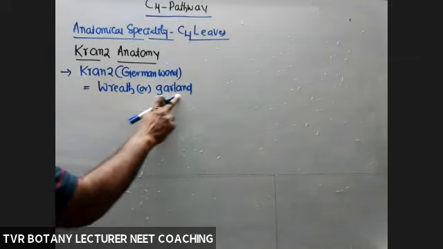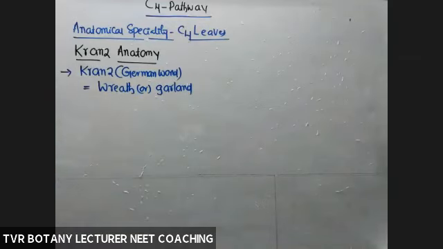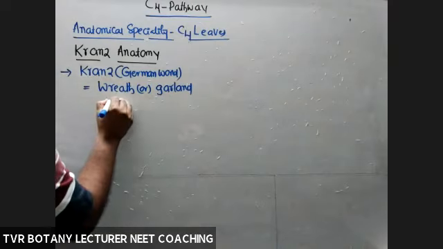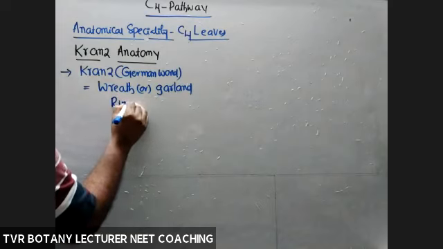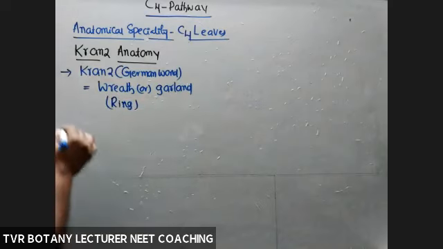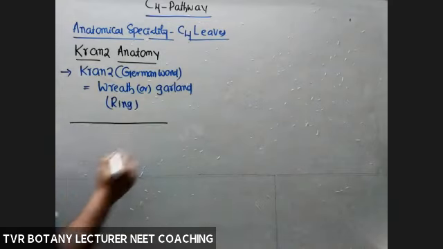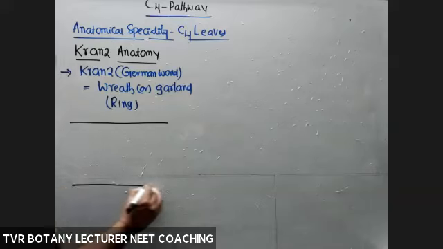A garland is a ring of flowers, a chain of flowers. So a wreath is nothing but a ring. What is that ring-like one? We'll see. For example, this is the anatomy of a C4 leaf.